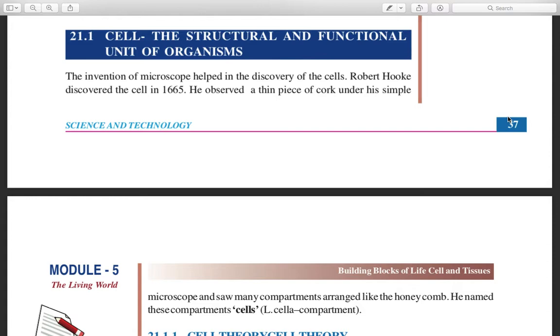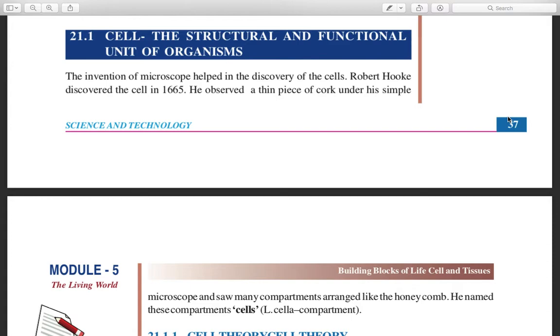He observed a thin piece of cork under his simple microscope and saw many compartments, that is many cells, arranged like a honeycomb. So he named these compartments as cells.